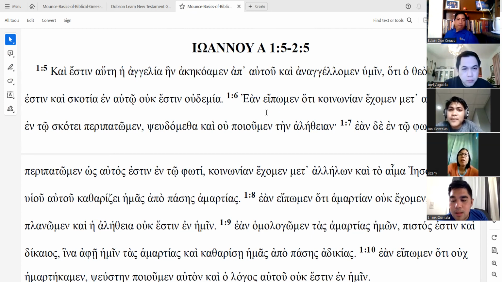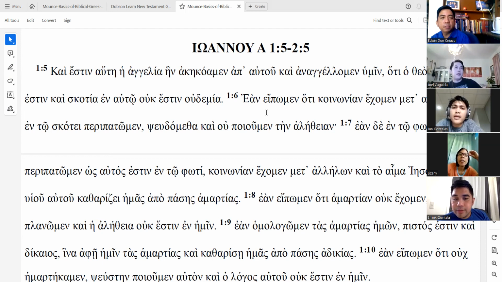So 1 verse 5. I will read slowly, and I hope you also read and pronounce it, even if the mics are off. Kai estin. So we saw that this is N, and then it is or he is. Kai estin aute he angelia.